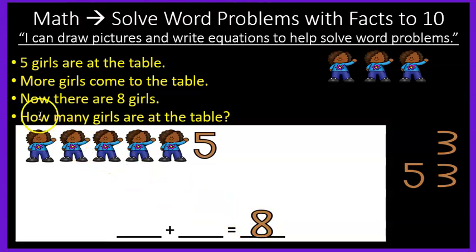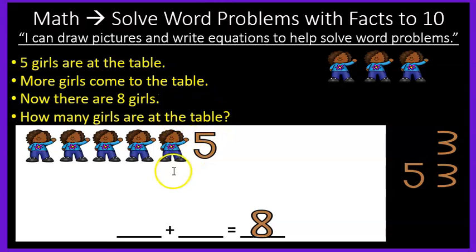You're going to start saying to yourself, okay, this third sentence here, I know that number is the total, so that goes here. Okay? You're going to start recognizing that. Now, the next thing we need to do is read our question. Read it with me. How many girls are at the table?